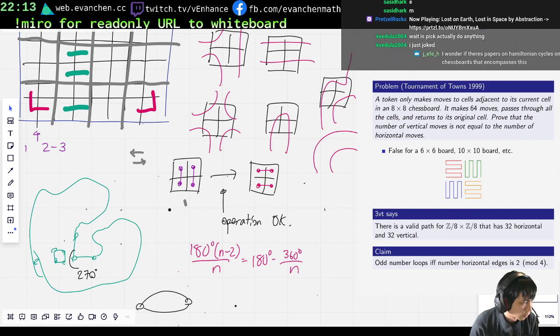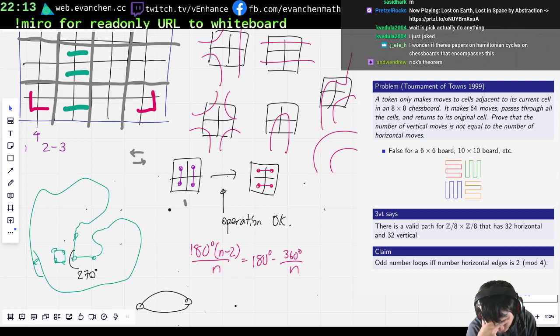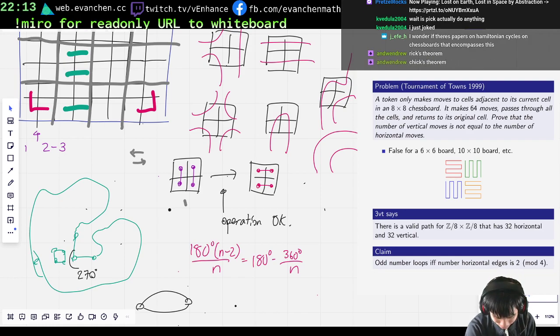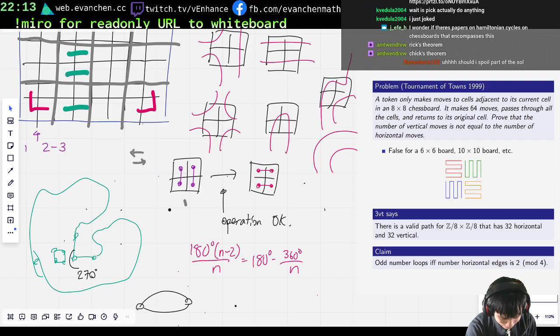Pick's theorem? Oh my god. Please no. I feel like I should allow multiple edges in my induction. Maybe at most 2 edges or something. Because this shape... Okay.